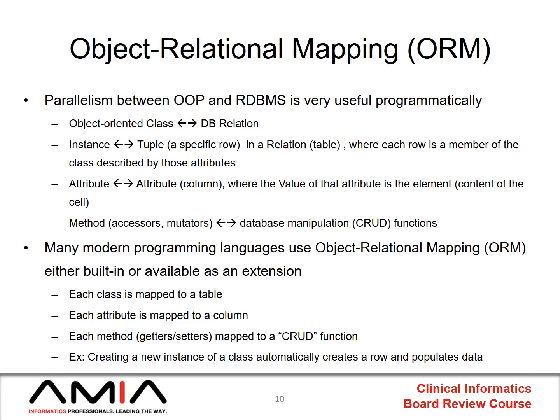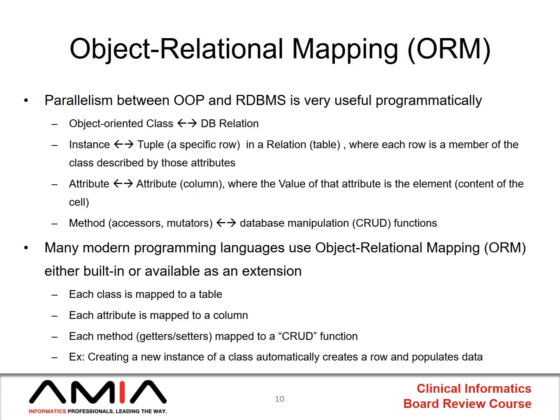So because there is this natural analogy between object-oriented concepts and relational databases, and because people would do this all the time, they didn't want to have to define the methods in the SQL code for how to perform the different accessor and mutator tasks in their OOP programming language.